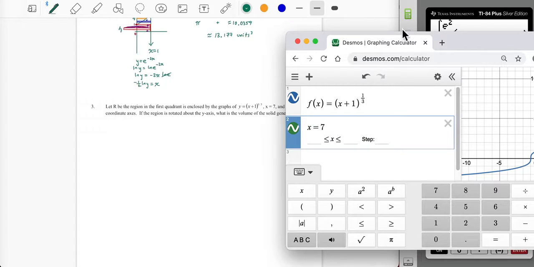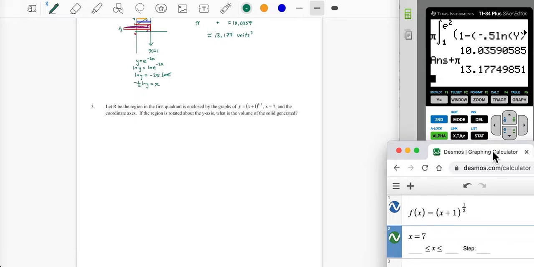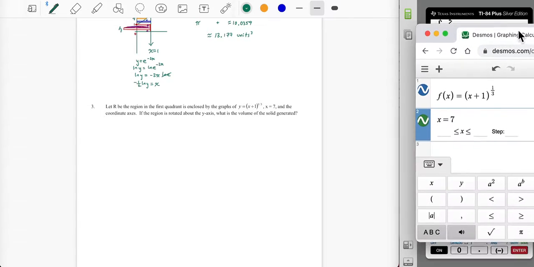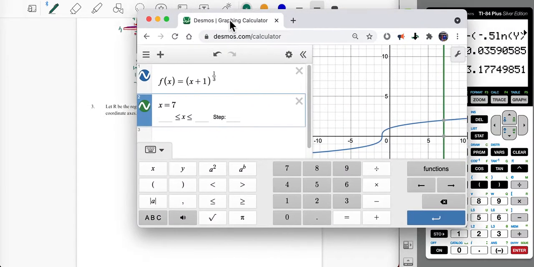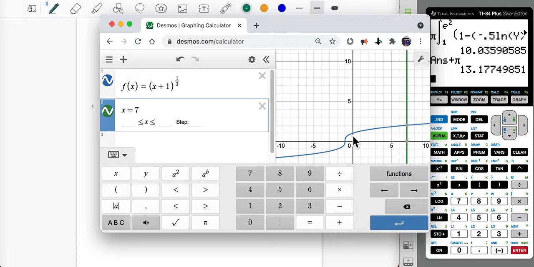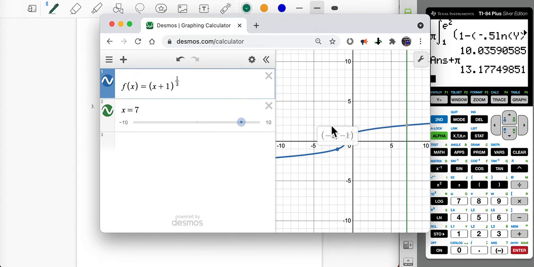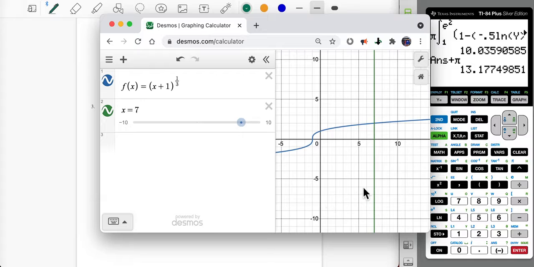Now I only want the first quadrant. Coordinate axes, we're rotating around the y-axis. All right, so I don't want anything to the left of the y-axis or below it. So I'll just show you a nifty trick here.